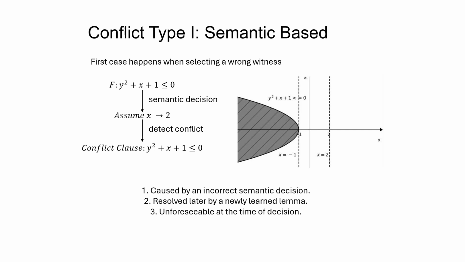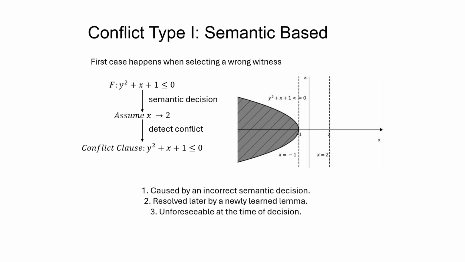Here we systematically analyze the conflict types in the ASE' algorithm. The first type of conflict is called semantic-based conflict. For example, given the formula f, if we assume that x is equal to 0, this could be true because there is no clause that narrows the x feasible set.